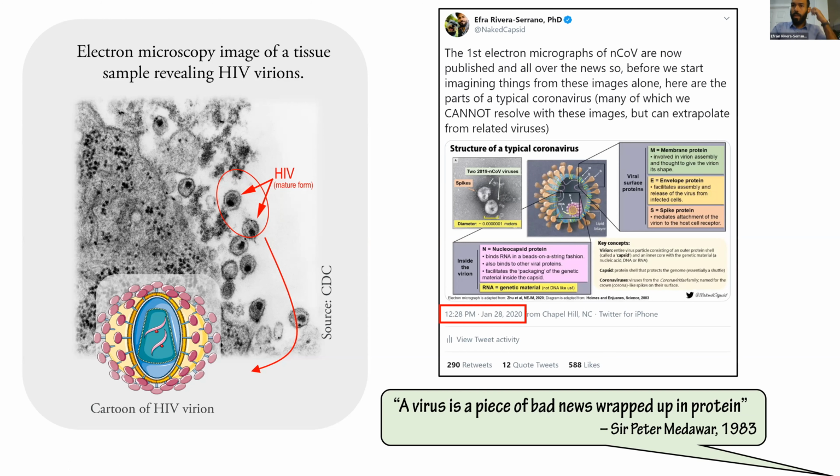And I've always liked this quote, that is, a virus is a piece of bad news wrapped up in protein, protein being that shell of the virus, and bad news being the genome and what's going to come after the infection.